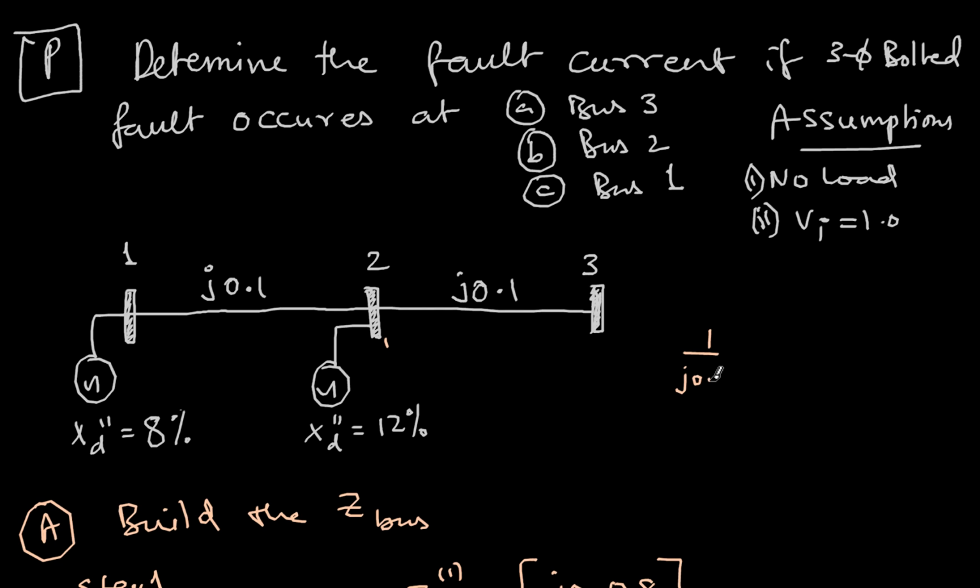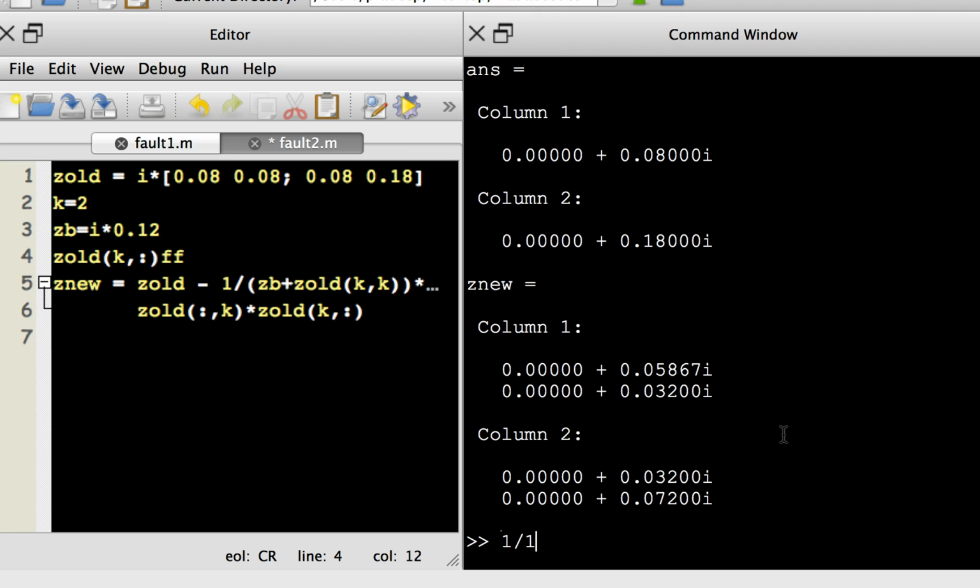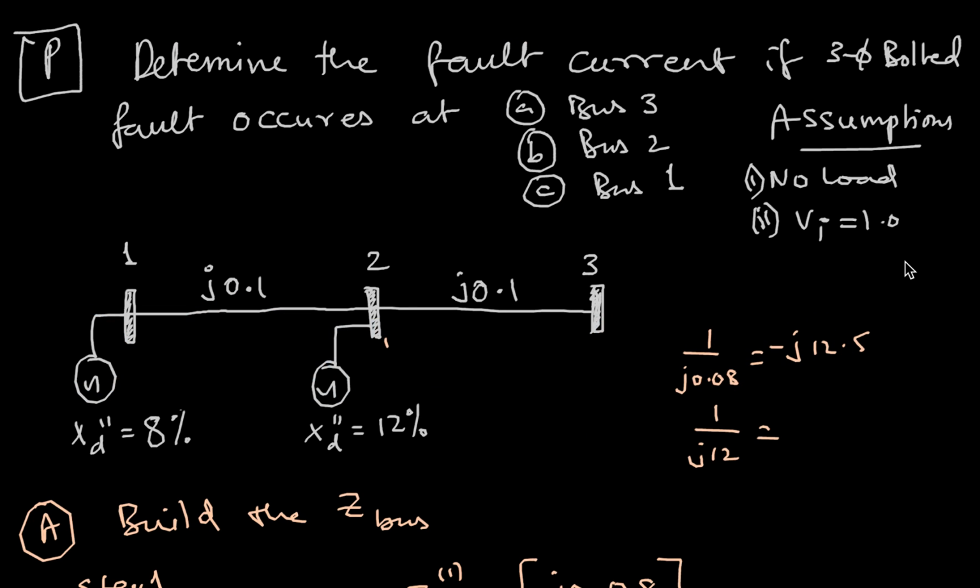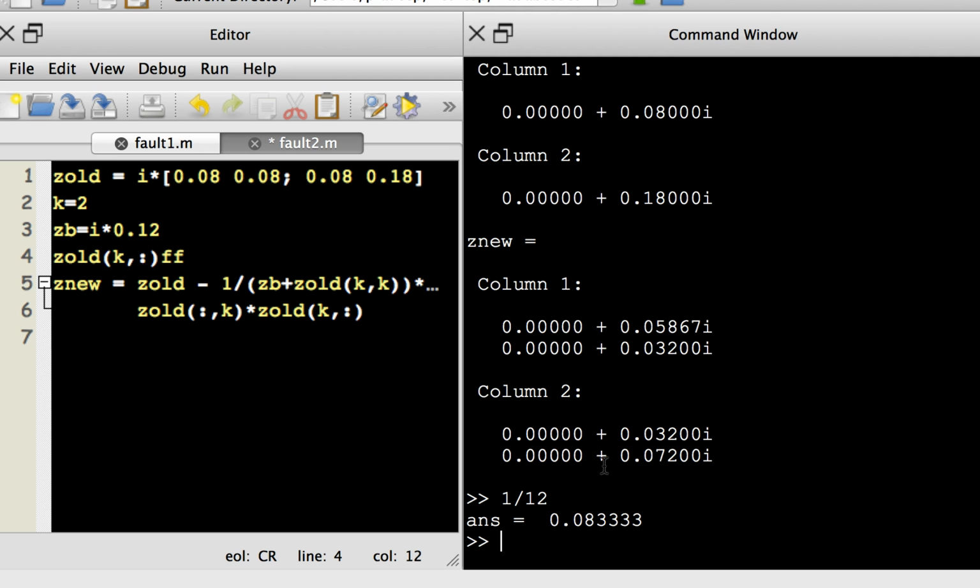Now what is 1 by J 0.08? That will be minus J 12.5 and 1 by J 0.12. So this I will have to check. 1 divided by 12. So 8.33. So not 12 actually, 0.12.